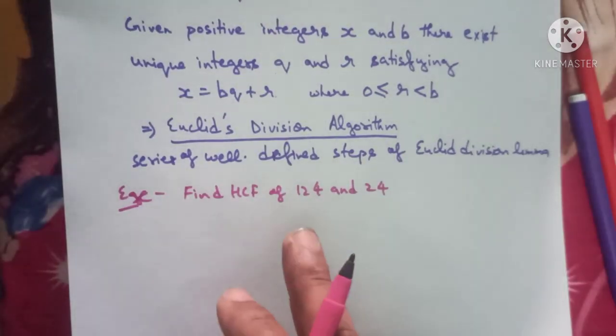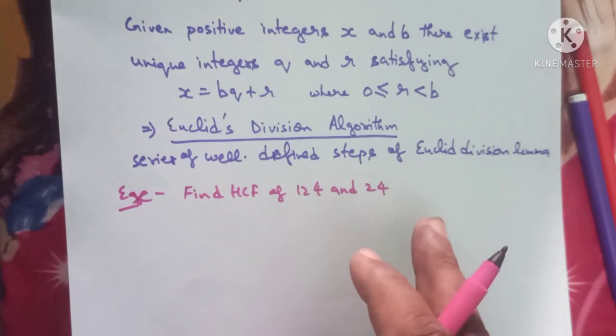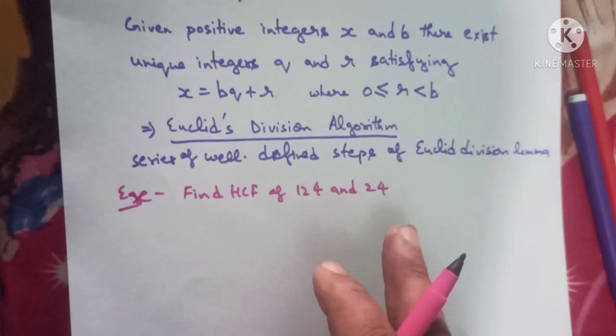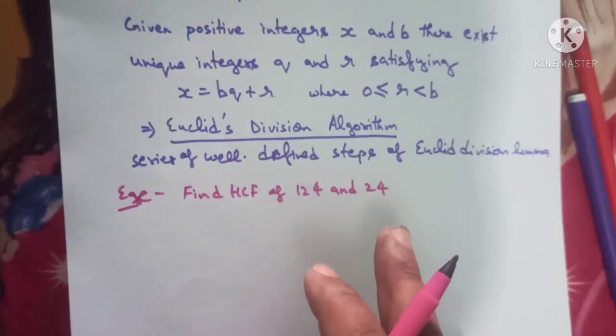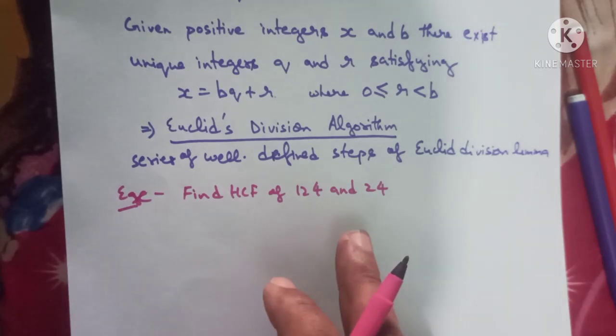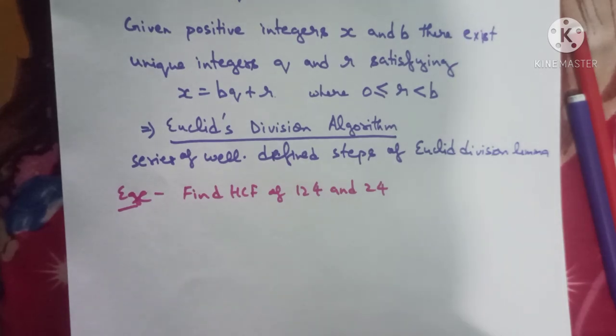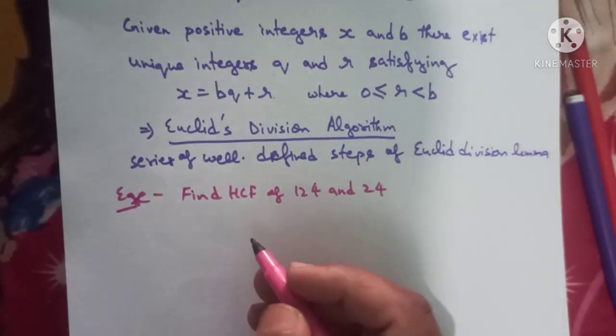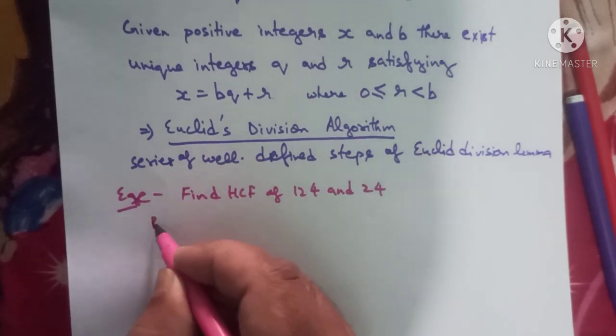So the HCF of 124 and 24 can be obtained by the prime factorization method, where we find the prime factors of 124 and 24 and then find the HCF. But it can also be found using Euclid's division lemma. First we will discuss finding the HCF by the prime factorization method.